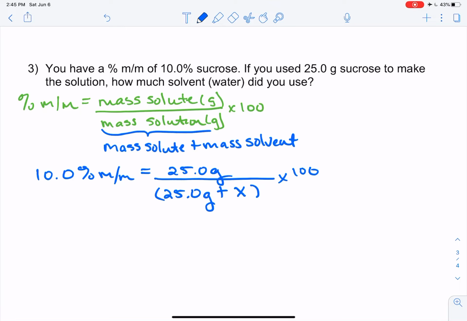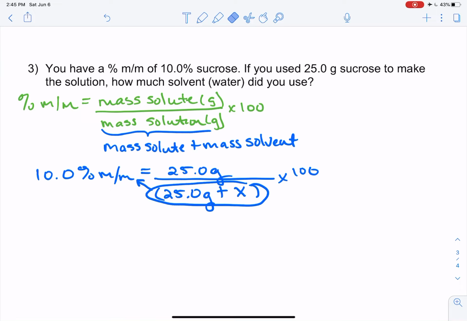And then we're going to need to use a little bit of magic of algebra here to figure this out. So we want to get X by itself. So we're going to need to move this whole thing, because there's an addition there, so we can't split it up just yet, diagonally across the equal sign up there.